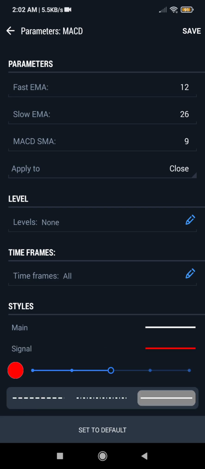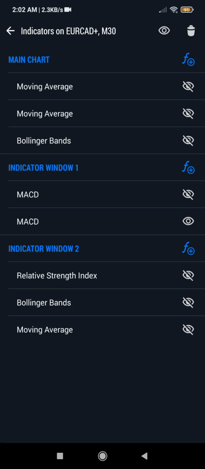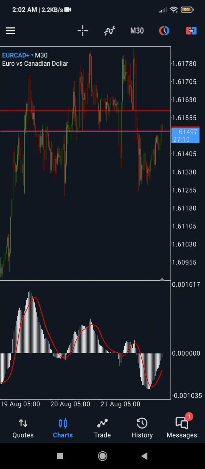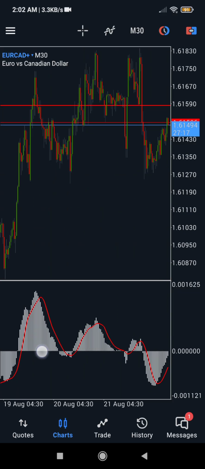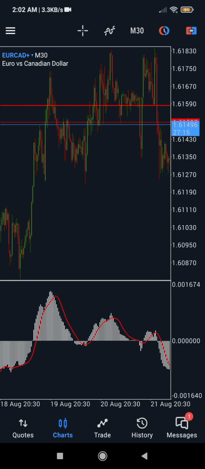Then for the signal, tap on the signal. I am going to leave the color of the signal line as red and the thickness the way it is. When you are done, the save button is at the top right hand corner. Save your settings. Click on the back button here, and we now have our MACD histogram added to our MT5 chart.